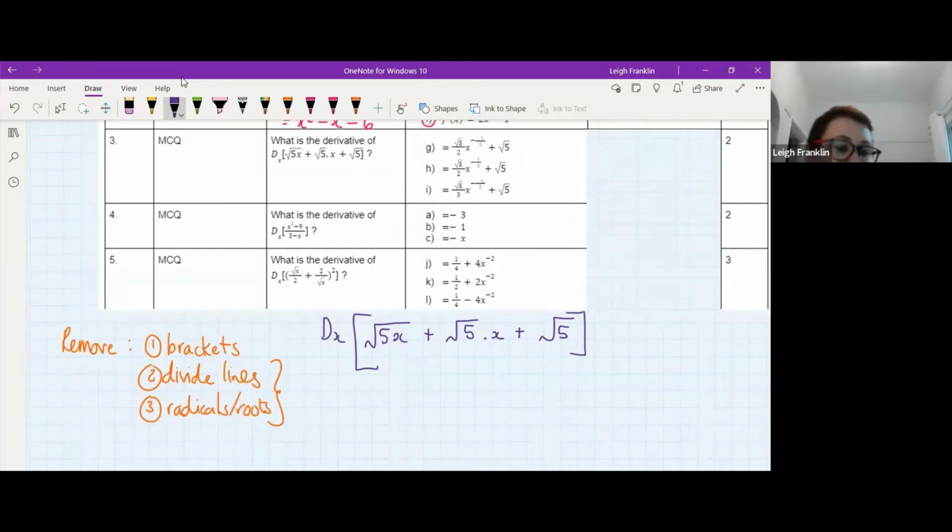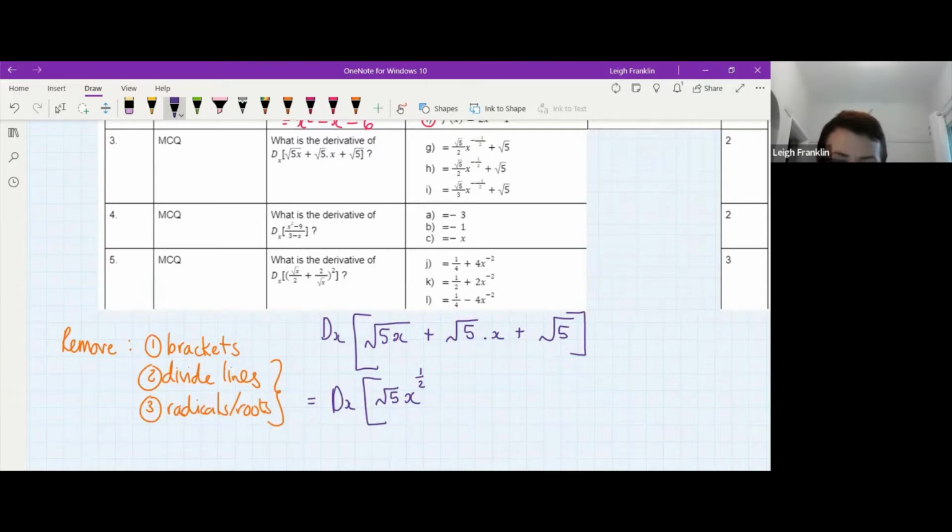When we say that we need to remove radicals or root signs, we need to remove it from variables, not from constants, and I'm going to show you why right now. So y equals, because we're not differentiating just yet, I'm going to leave this as root 5, and I'm going to write x as x to the power of 1 over 2. Does that make sense to everybody?